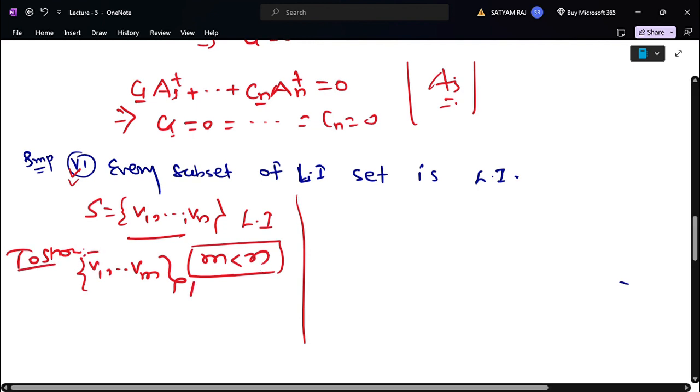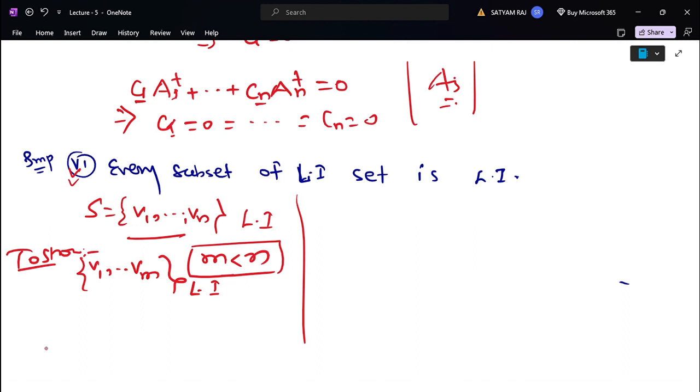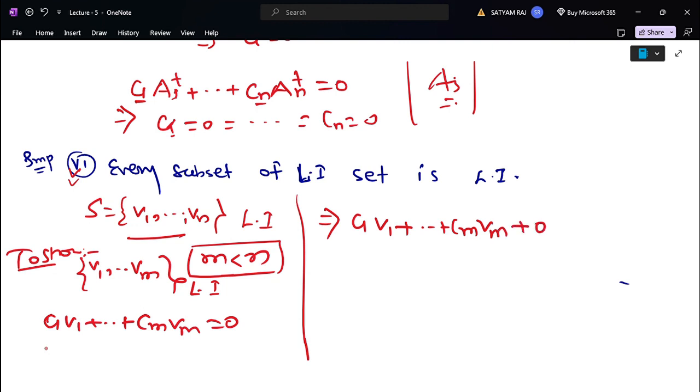So this is LI. So we have c1 v1 plus dot dot cm vm equal to 0, and we need to show c1 equal to 0 and c2 equal to 0, similarly cm equal to 0. Actually we can write c1 v1 plus cm vm plus 0 into vm plus 1 plus dot dot into vn equal to 0.